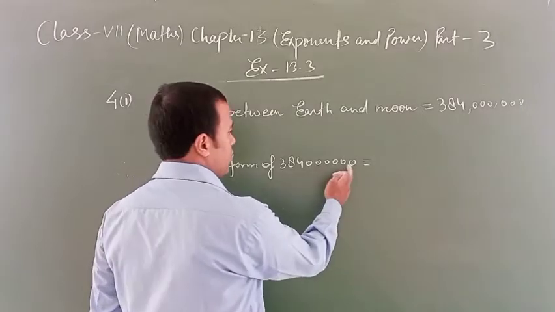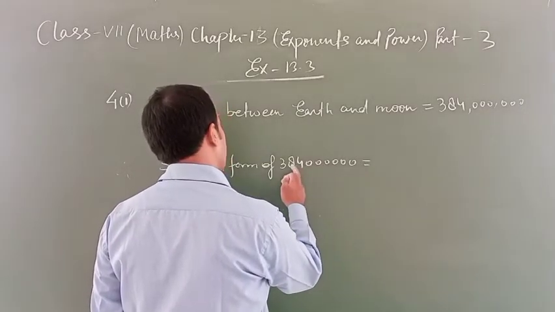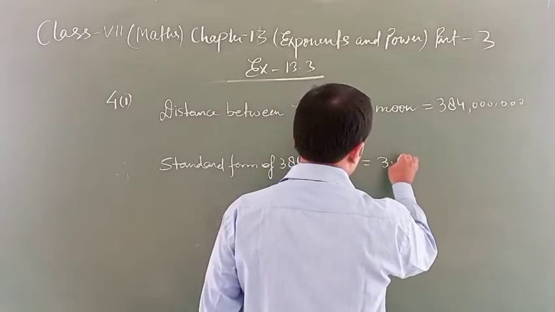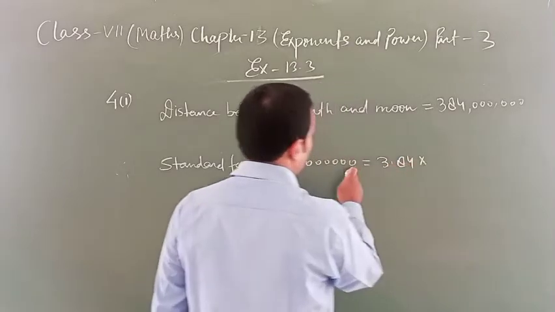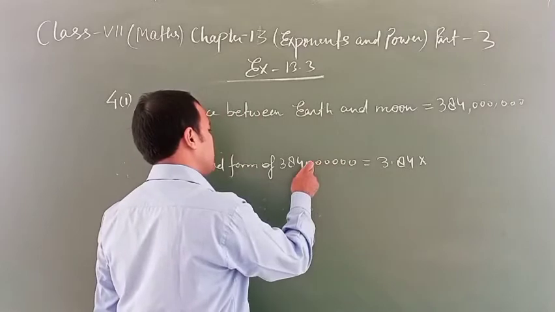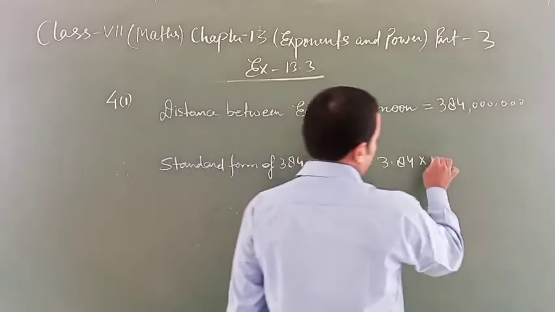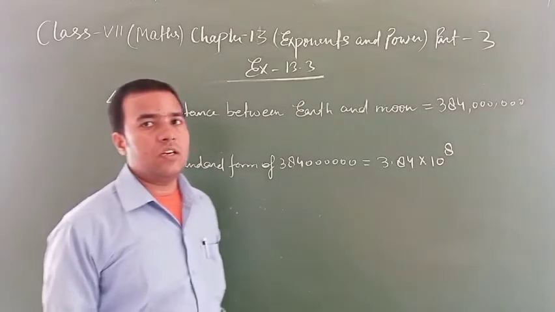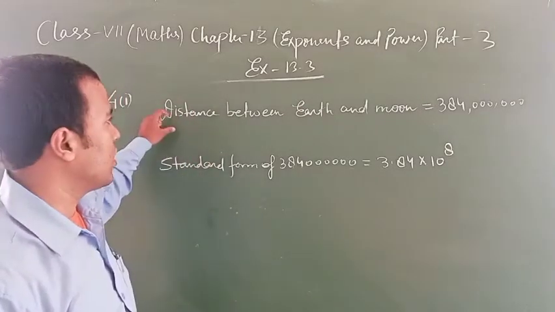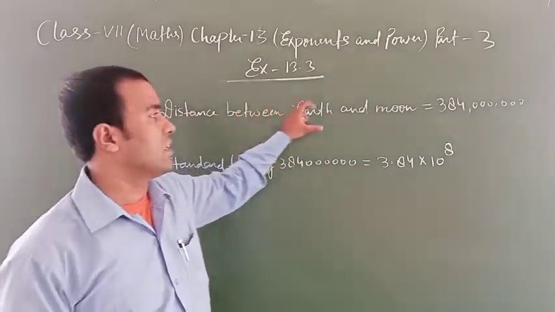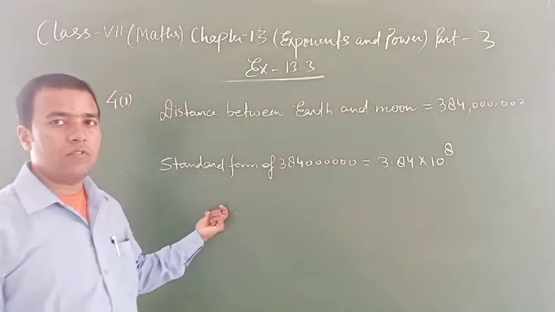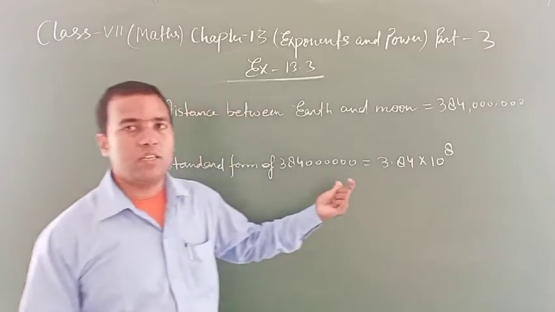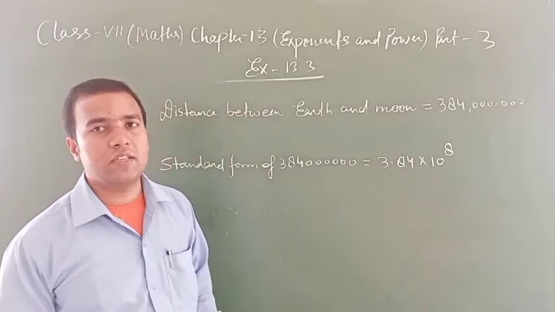Clear? 1 2 3 4 5 6 7 8 means 3.84 into 10 to the power 8. It is in standard form. If you want to write distance between Earth and Moon in standard form, you can write like this: 3.84 into 10 to the power 8. Clear?